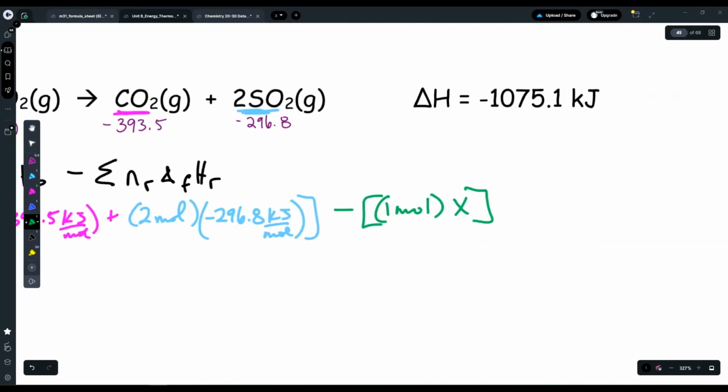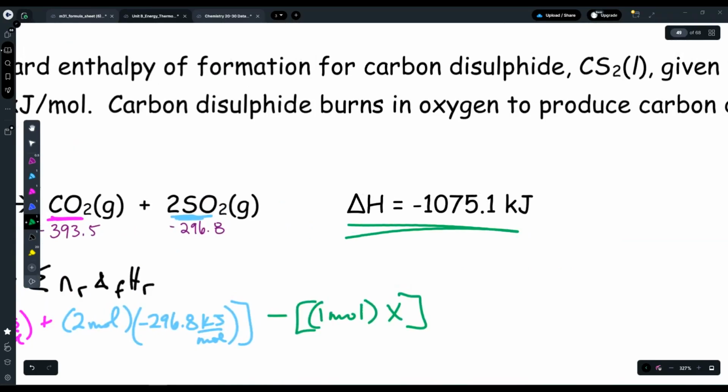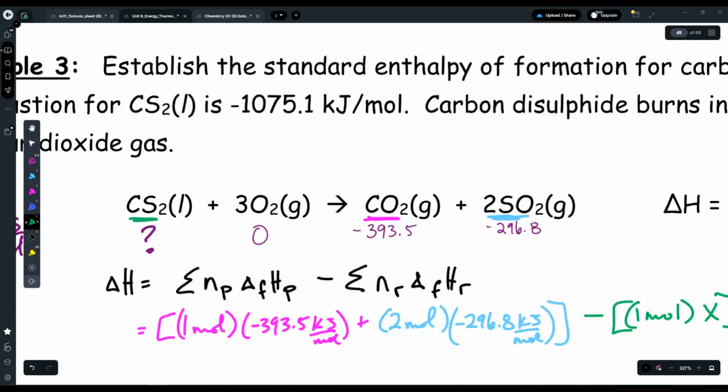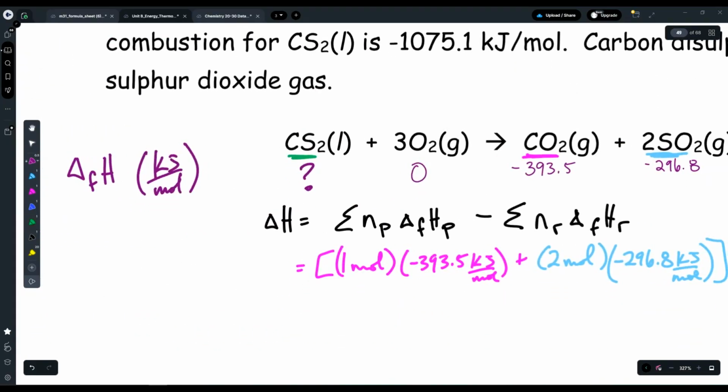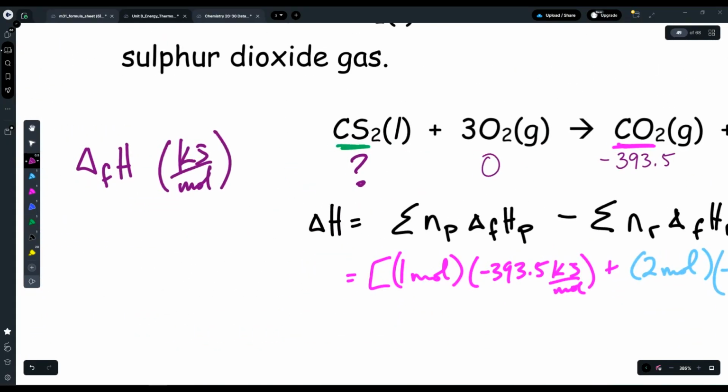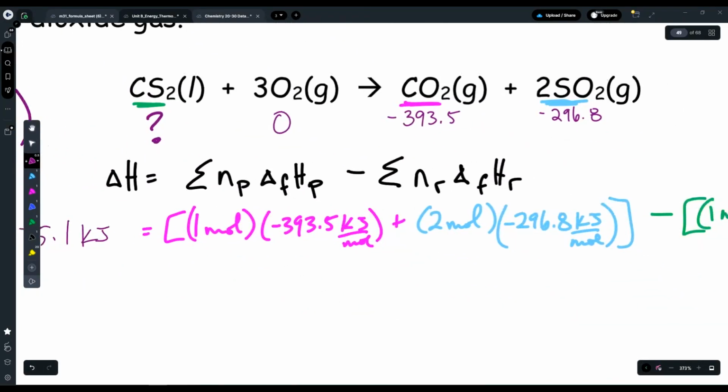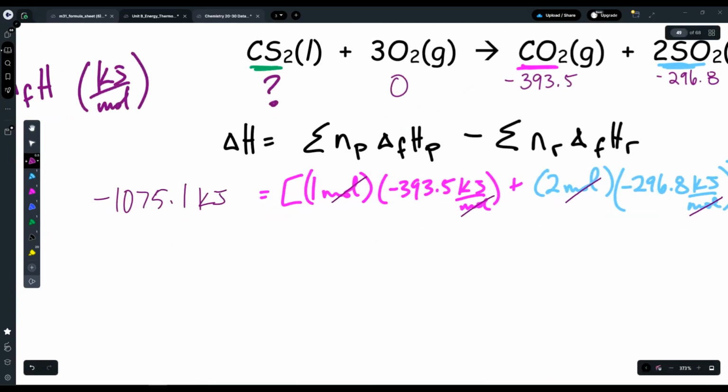Alright, and last but not least, we've been given our change in enthalpy, so I've got to make sure to write that over here. So that's negative 1075.1 kilojoules. Okay, so I'm just going to go ahead and cancel out units here.